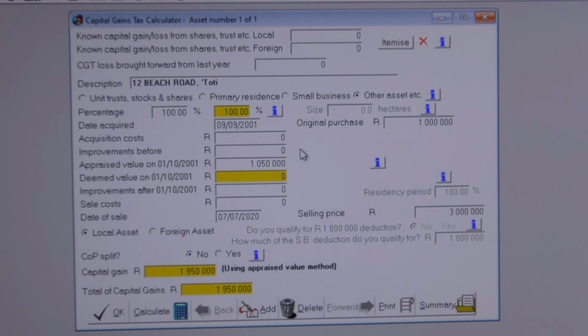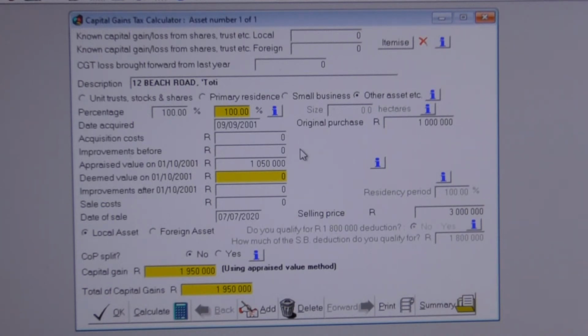Now, what if we bought this asset for 1 million rand before capital gains tax was introduced on 1st of October 2001 and we sold it for 3 million, giving us a profit of 2 million? Remember that only the portion of the profit which applies to the period after 1st of October 2001 is subject to capital gains tax. We need a base cost value on 1st of October 2001.